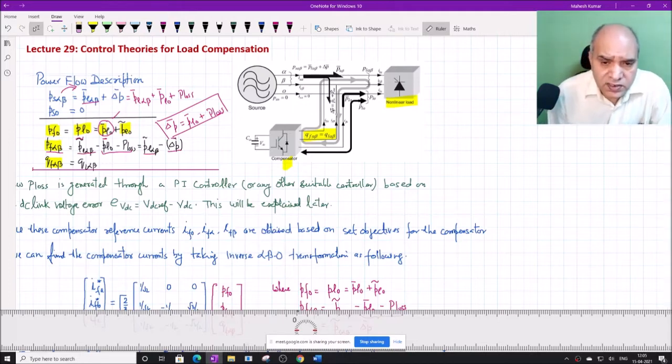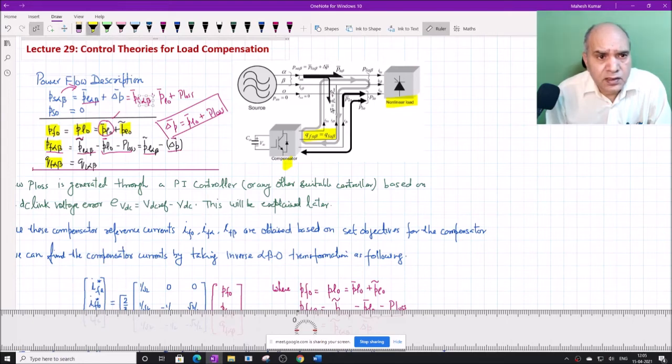So this is what has been explained to you, and therefore PS alpha beta equals PL alpha beta, plus PL0 average and P loss. This is the whole real power required in the system, and that has to come from the source.